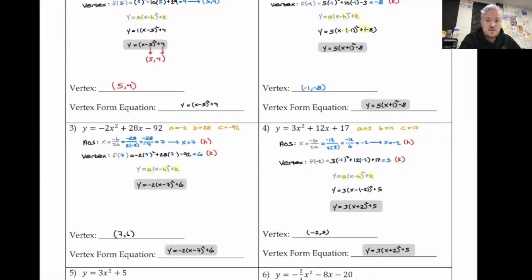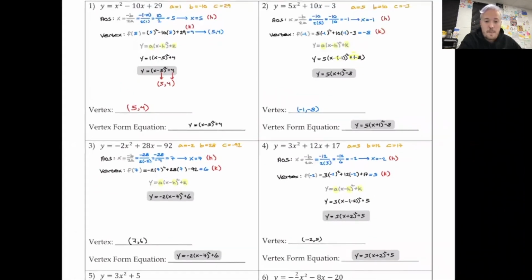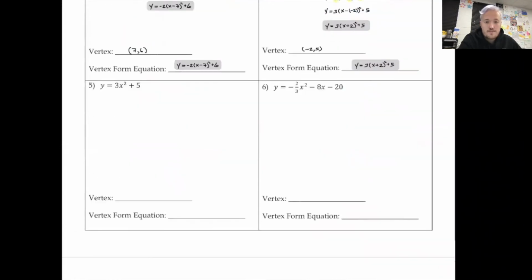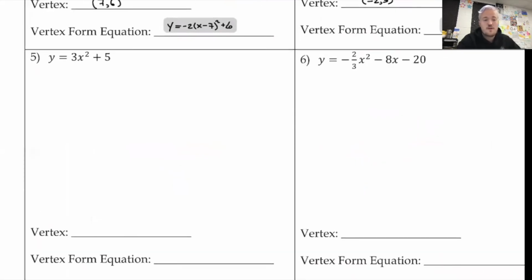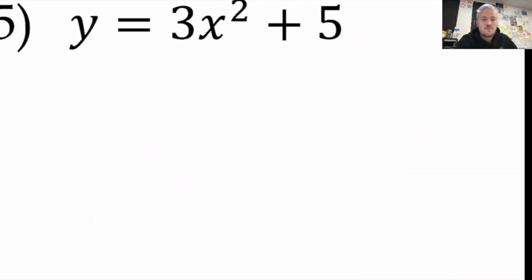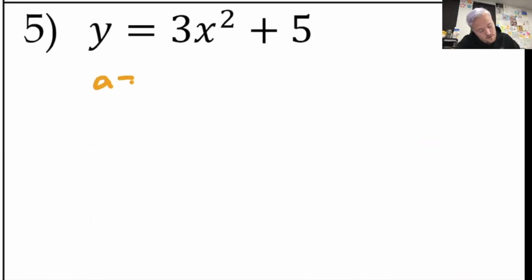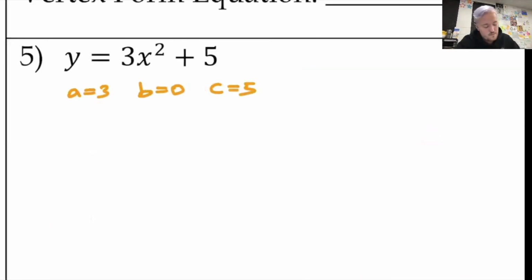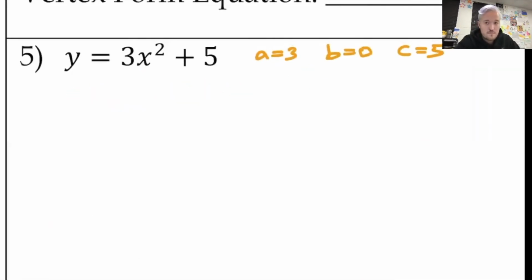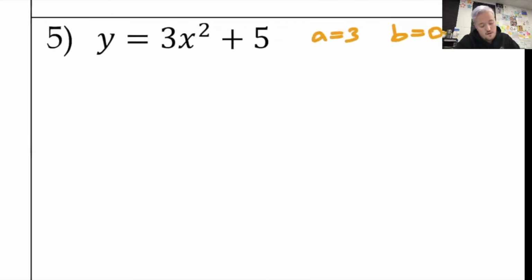All right, so this is a good glimpse of what to expect. So these last two are the slightly more challenging problems, but they're all pretty straightforward once you have the process down. Now we're looking for our ABCs. So we have an A value of 3, a B value of 0, and a C value of 5. As always, AOS.